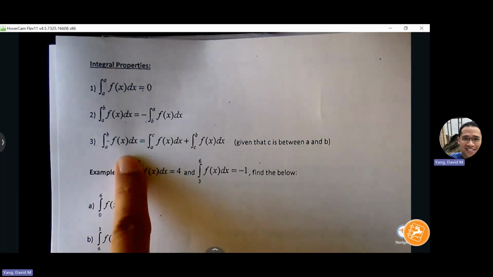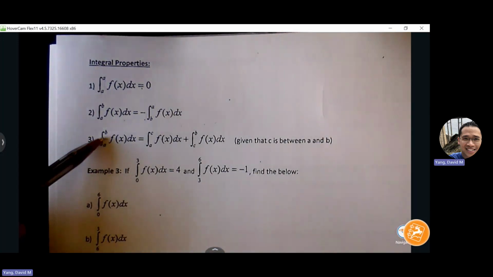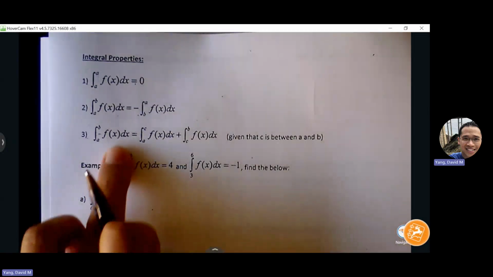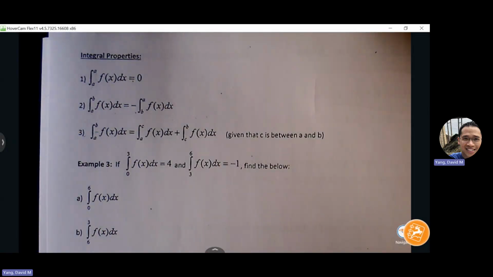The third property, again, sorry for that stray mark there. That's not a negative. That's just a stray mark. If I have a larger region, I can always split that larger region into smaller regions if it helps to see things a little bit more clearly.